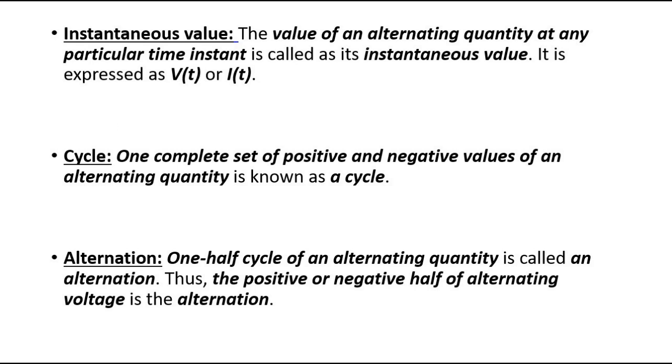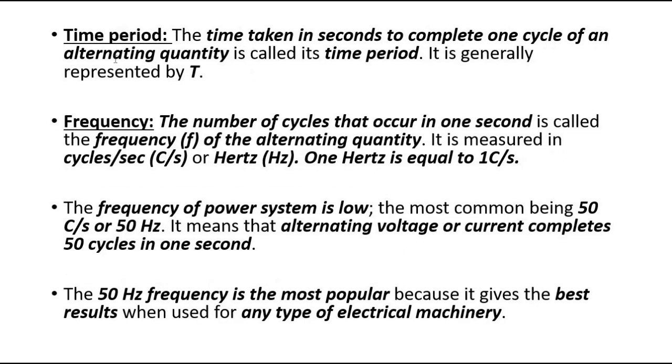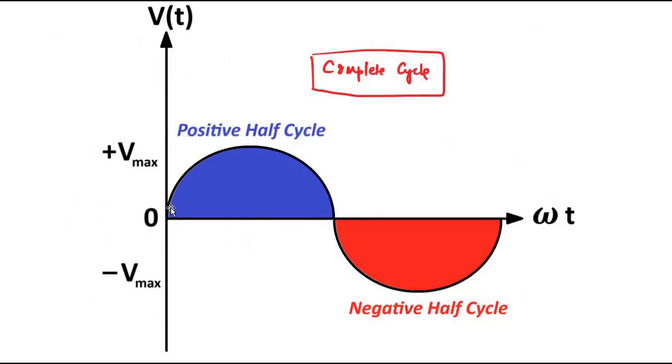So we have discussed waveforms, instantaneous values, cycle, alternation. Then we have time period. The AC waveform completes a positive half cycle, then a negative half cycle. This completes one cycle.